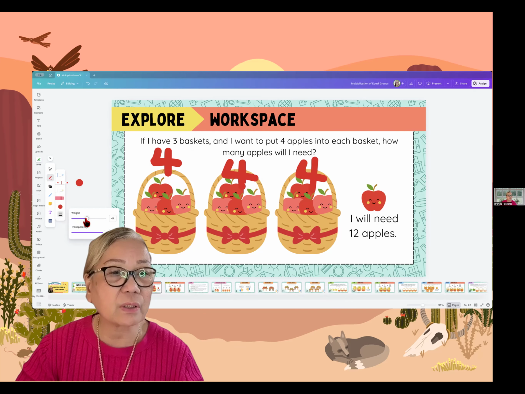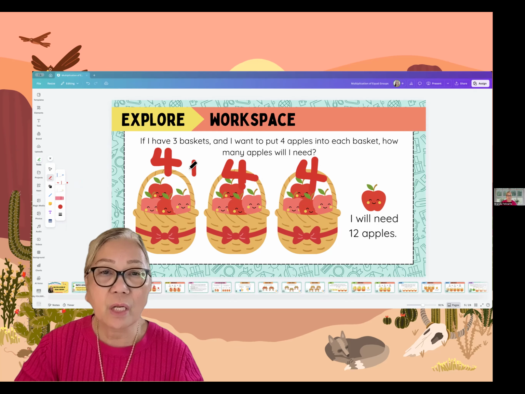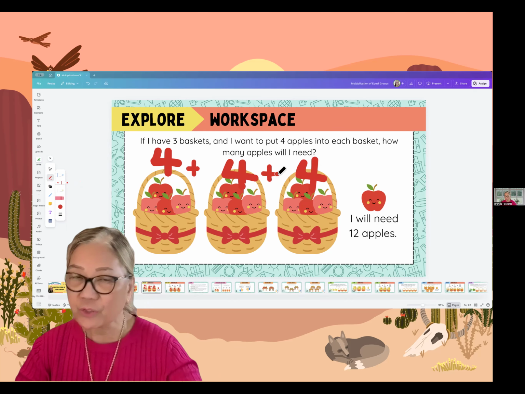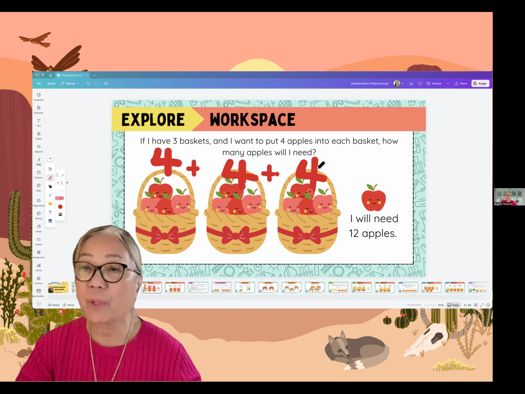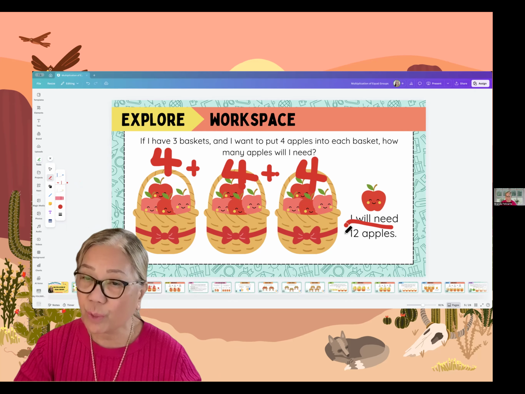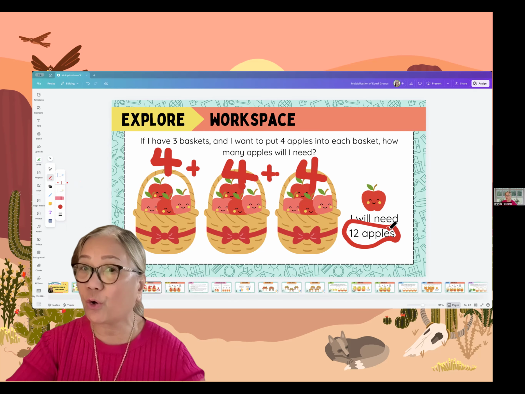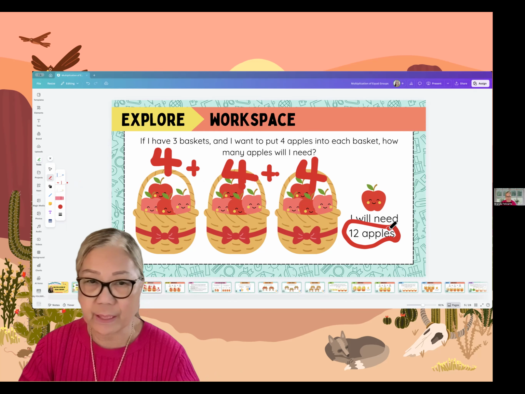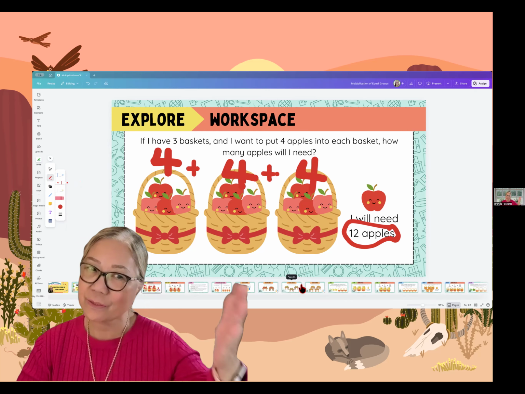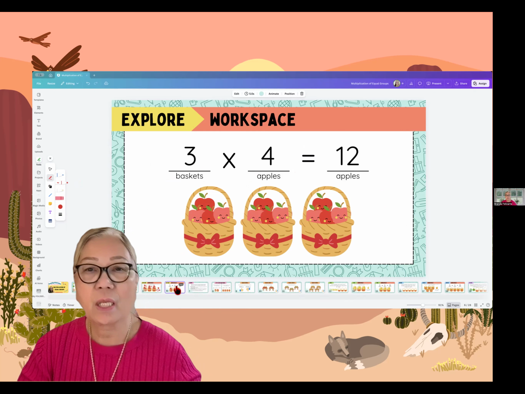I'm going to let the weight be smaller. They are just too big. All right, plus and plus. So 4 plus 4 is 8, plus 4 is 12. So I need 12 apples for all those three baskets. All right, so that's just exploration.